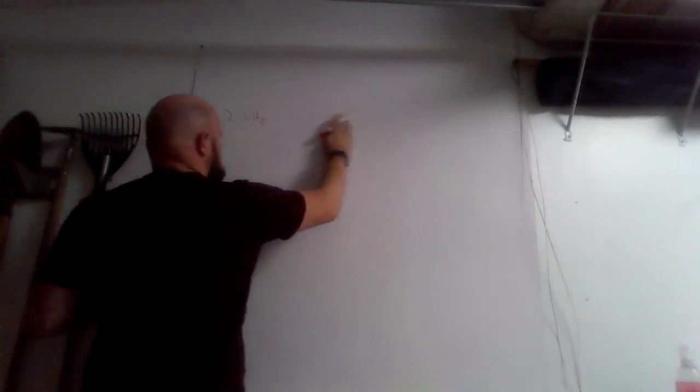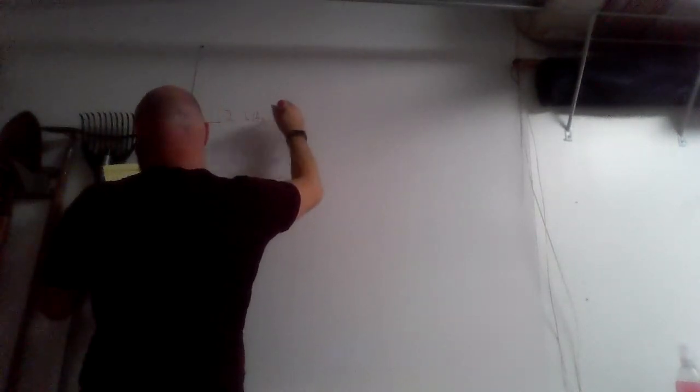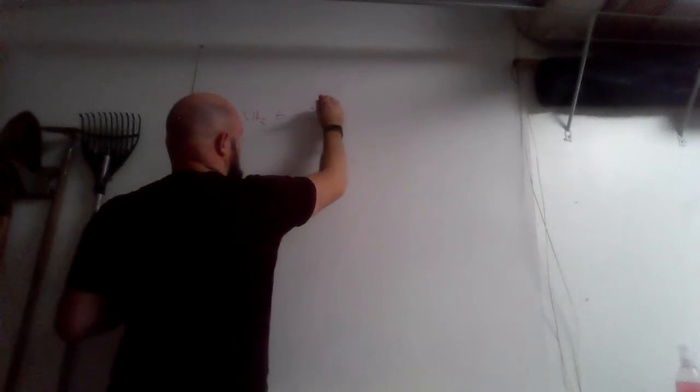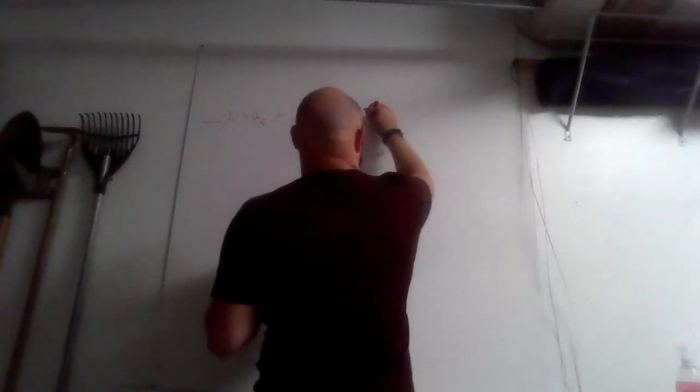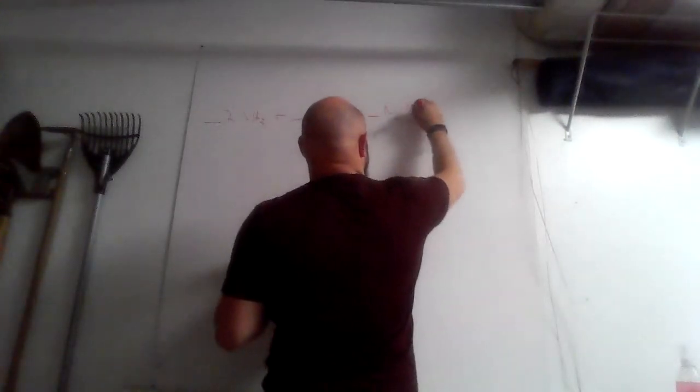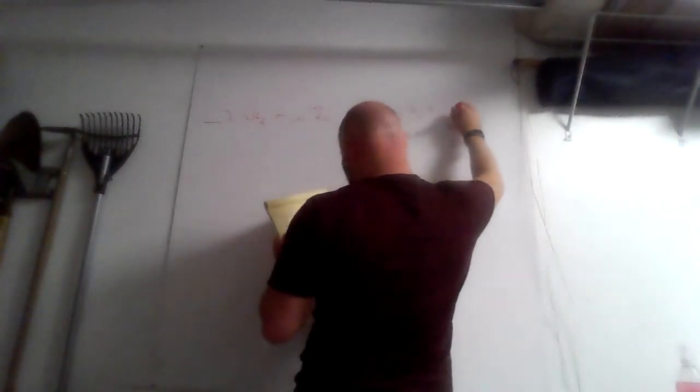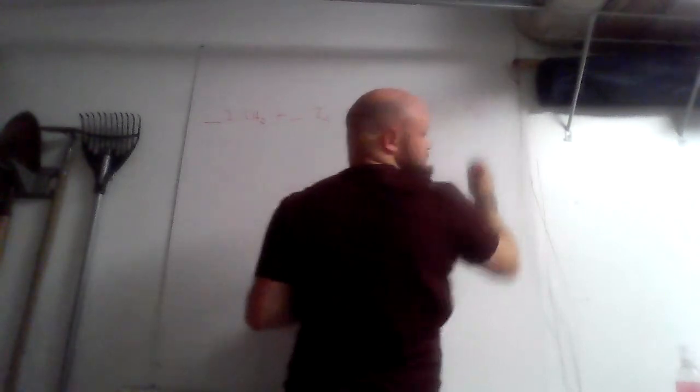Okay, so for number 6, we have 2 NH3. That's still a little wet right there. Plus blank I2 yields blank N2 H6 plus blank H2.